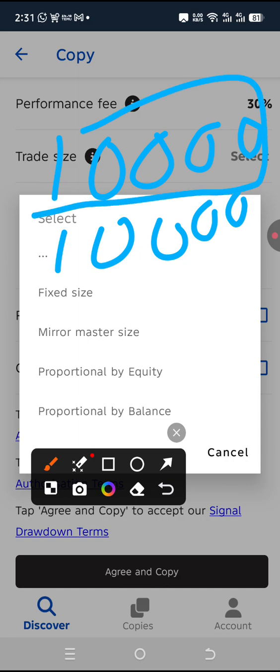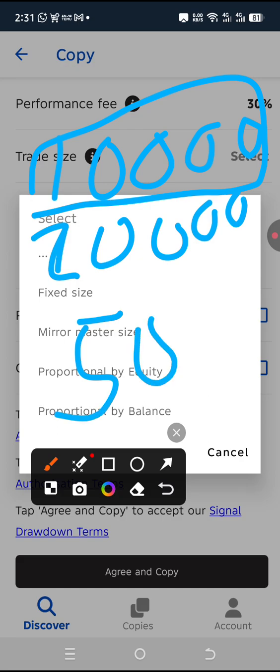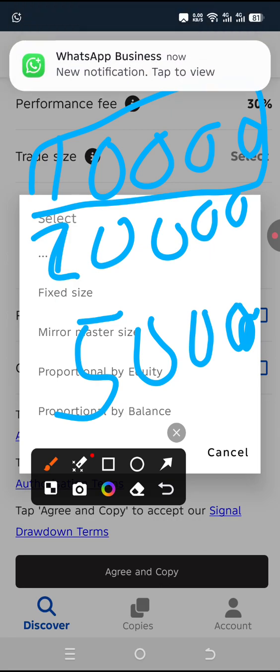But if somebody is trading $10,000 and you have $20,000 or 20,000 cents, you can trade 2x of what he is trading. That means you can choose two as the mirror size. If you have 5,000 and he is having 10,000, whether it is in dollars or in cents, you can do 0.5, and so on and so forth.